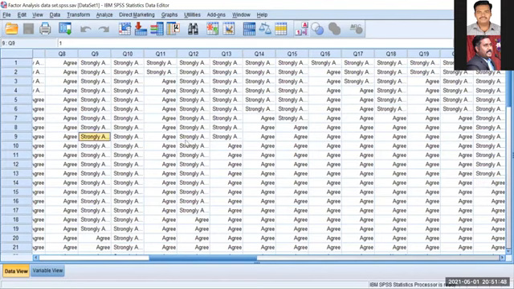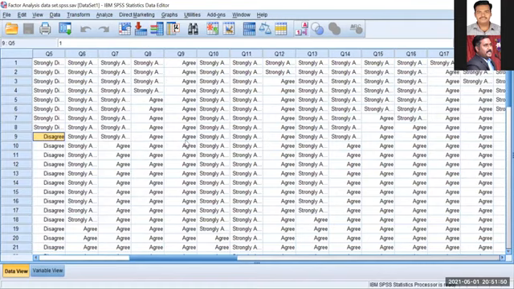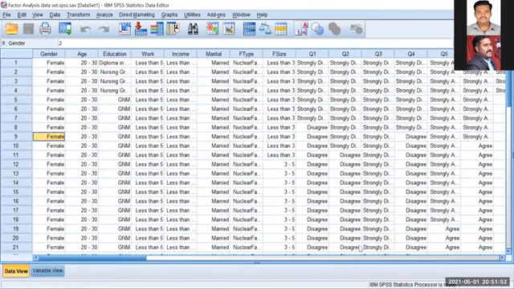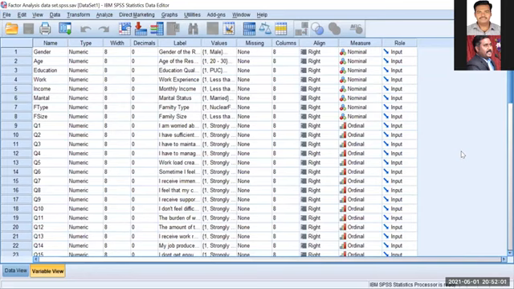Now see, this file indicates demographic factors: gender, age. You want to see the variable view? Yes, sir. In the variable view you can see gender, age, education, work, income, marital status. These are all demographic. And the questionnaire items I mentioned as Q1, Q2, and for those I had given a variable name here also, the full name.